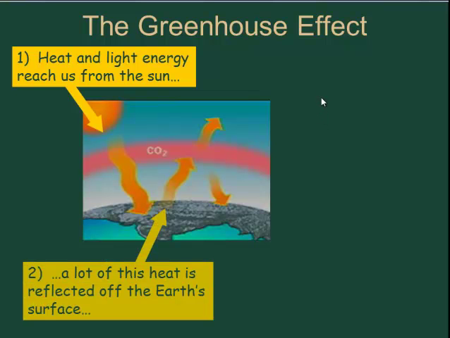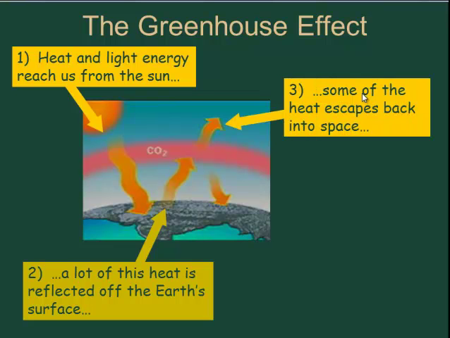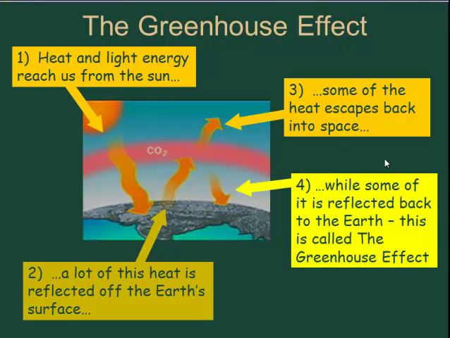But the heat which is given off by the Earth's surface as a hot object is at slightly different wavelengths. Some of the heat escapes back into space, but some of it's reflected back down to Earth and captured.